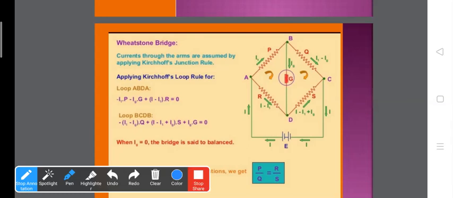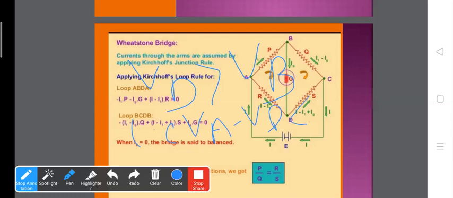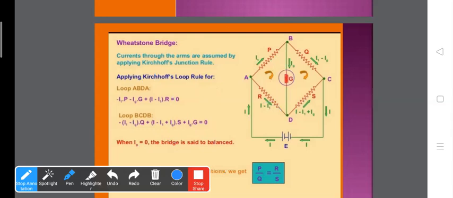So it is an unbalanced Wheatstone bridge, right? If the Wheatstone bridge is unbalanced, VD, the potential at point D, is greater than the potential at point B. That is, VA minus VD is less than VA minus VB, which gives PS is greater than QR.